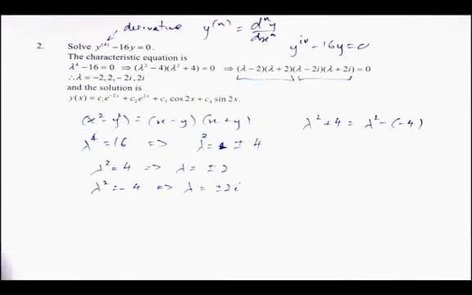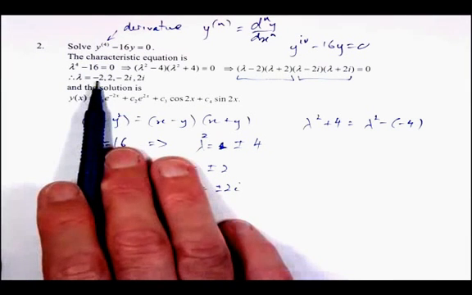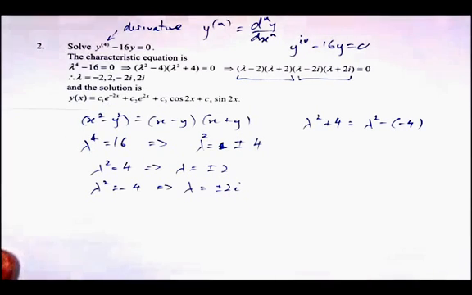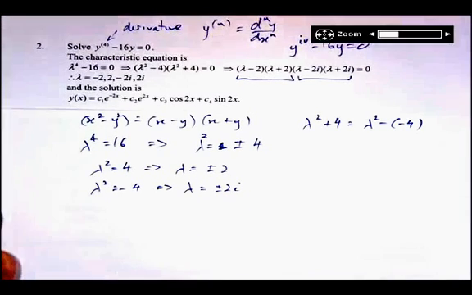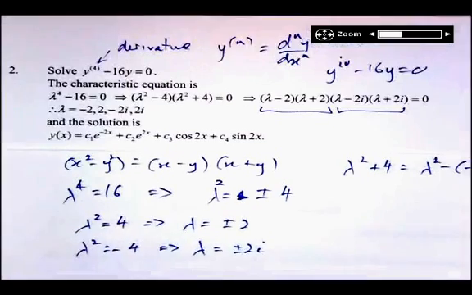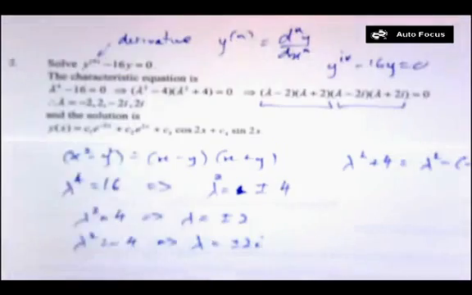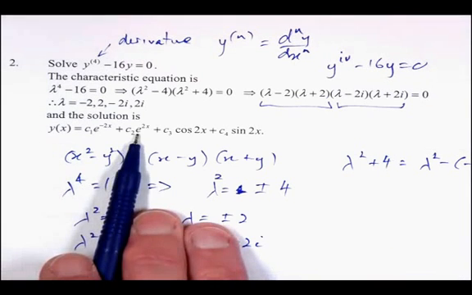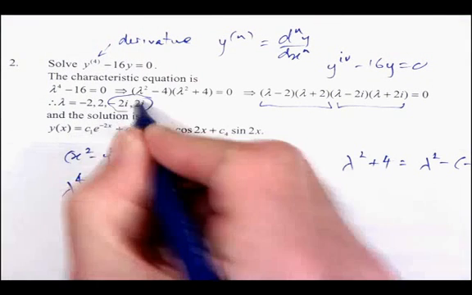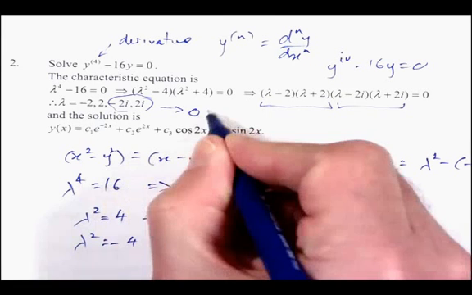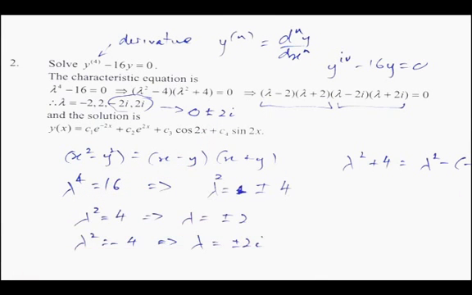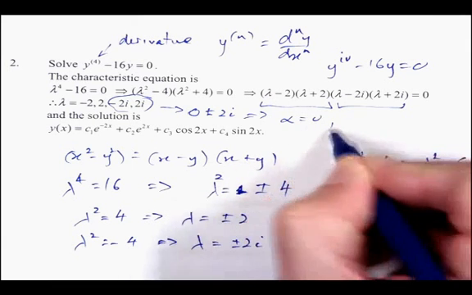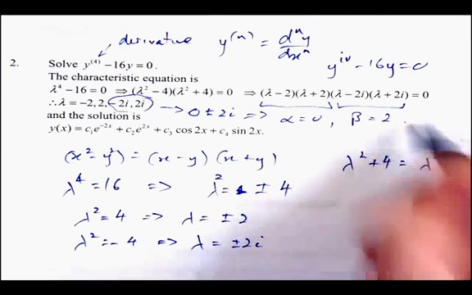How do we use those? Well, that's a real root, so it's just going to be as a power of x. The 2 is also a real root, so it's also going to be a power of x. These last two, however, because they're complex numbers, we think of them as 0 plus or minus 2i. So that gives me an alpha of 0 and a beta of 2.